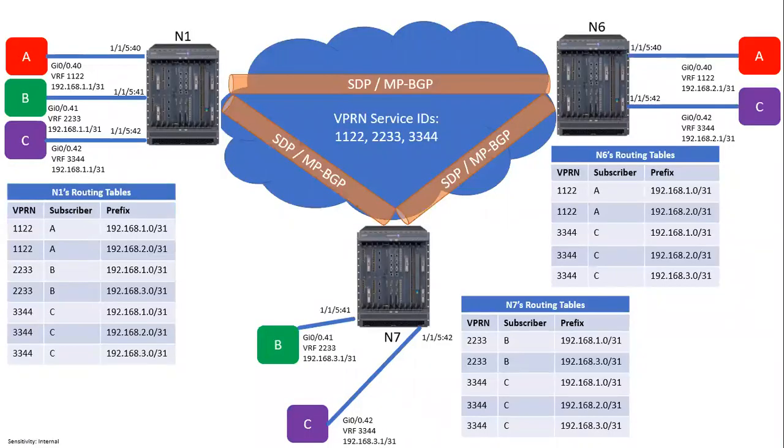All right, so here's our logical view of the VPRN service. And note that we have 3 VPRNs configured on router N1, VPRN 1112 for subscriber A, 2233 for subscriber B, and 3344 for subscriber C. And we're going to focus mainly on subscriber C, or VPRN 3344, simply because this particular subscriber has a site that's connected to each provider edge router.